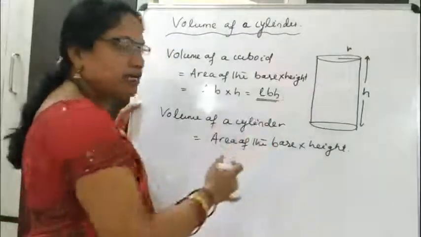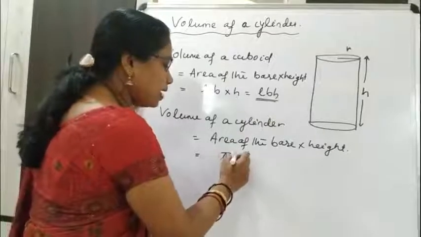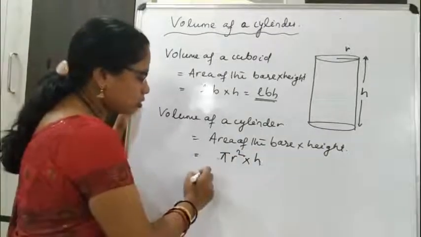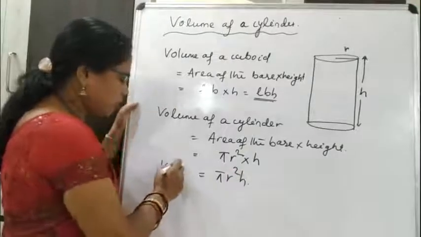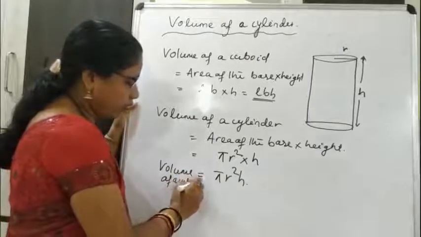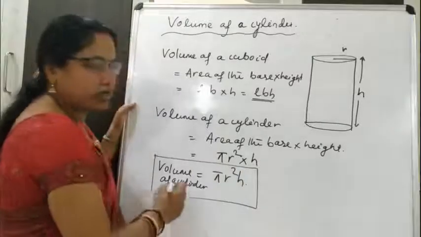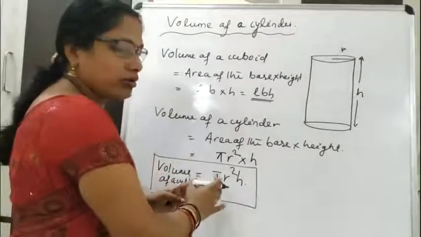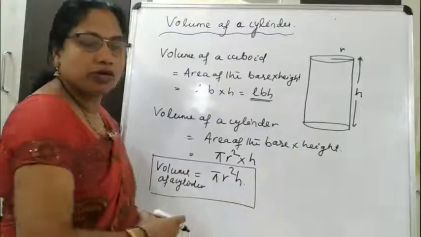The two bases are circles, so the area of the base is pi r square, the area of a circle, times the height h. So the volume formula of a cylinder is pi r square h. You have to remember this formula and you will be able to solve any problem to find the volume of a cylinder by using it.